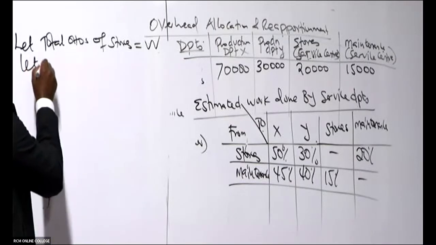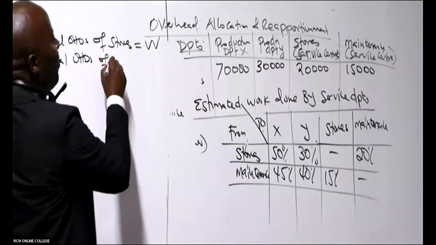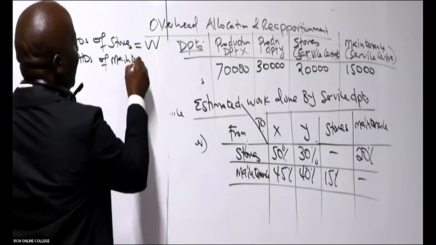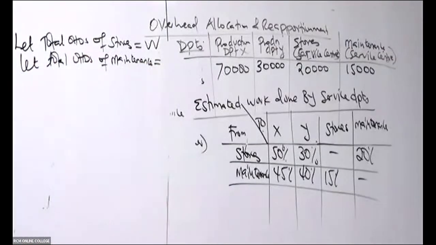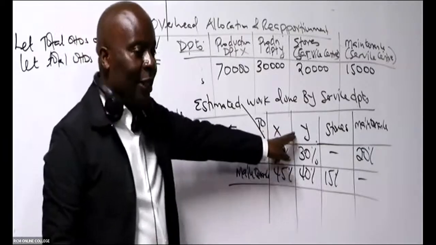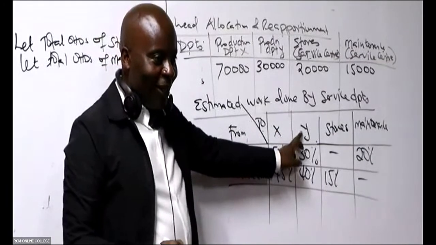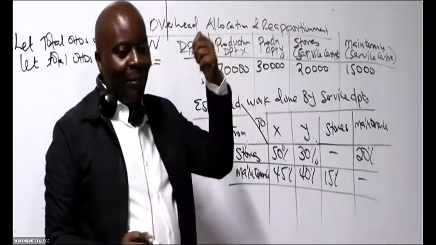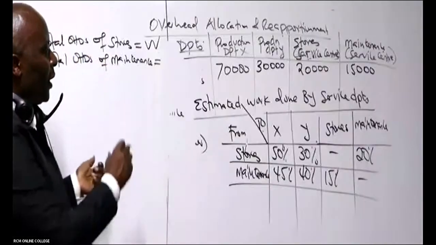And then you let total overheads of maintenance be equal to who? But you see, already we have another one. The examiner wants to cheat you. We have a Y in the name of a production department, so it can't be Y. Give me another letter, Z. They don't have to follow each other, isn't it?